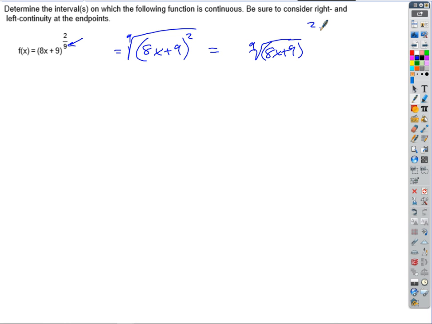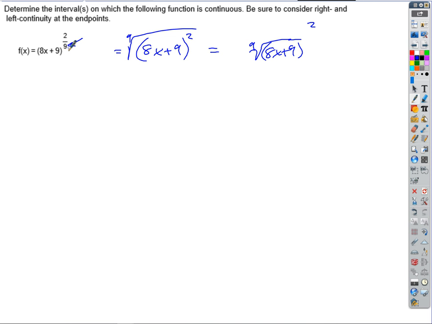So if we took a negative number to the two ninths power, it'd always come out positive, because you're squaring it, right? Because the top is even, that means you're going to be taking this to an even power. So it's always going to ensure that the answer is positive. But then you're just taking a ninth root. Okay.